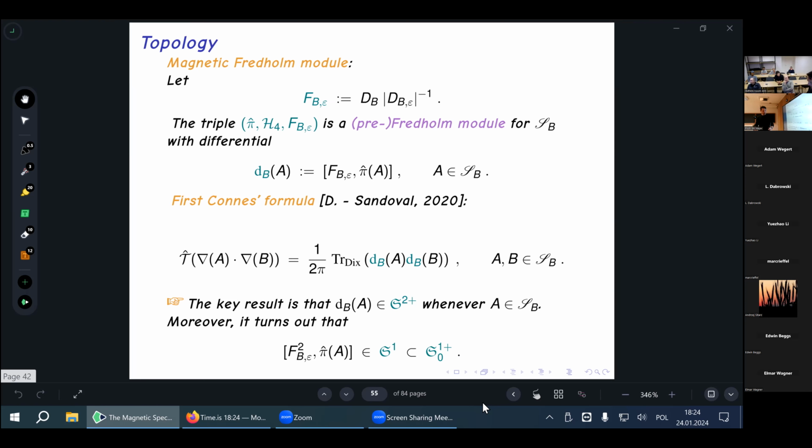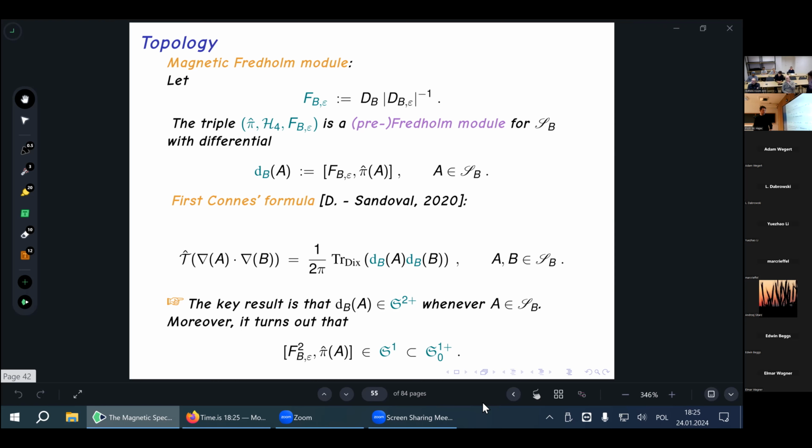Essentially, you can understand this space, and I'm saying this in an imprecise way just to understand, if I take two elements here and multiply them, I'm in S1 plus, which is the ideal in which the Dixmier trace is defined. Okay, then each time that I multiply two differentials of this form, I'm exactly in a good place to compute the Dixmier trace.